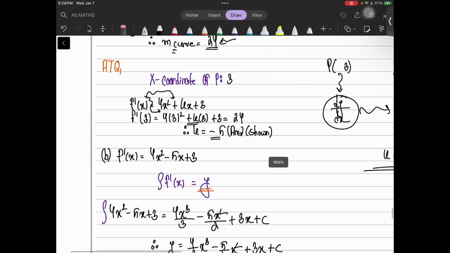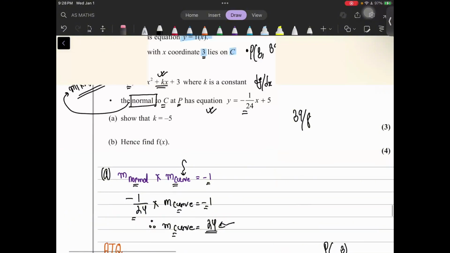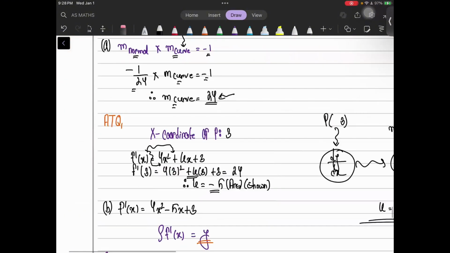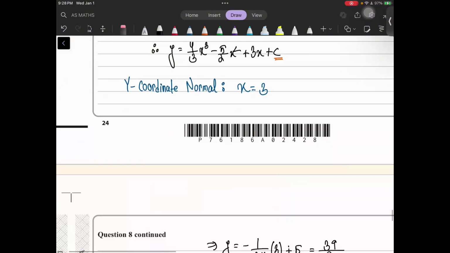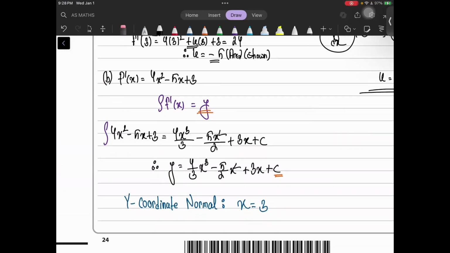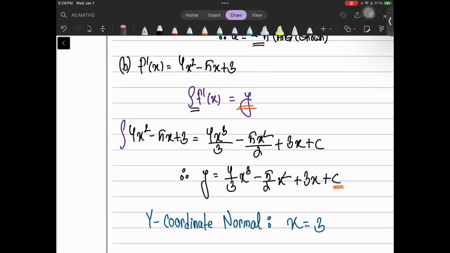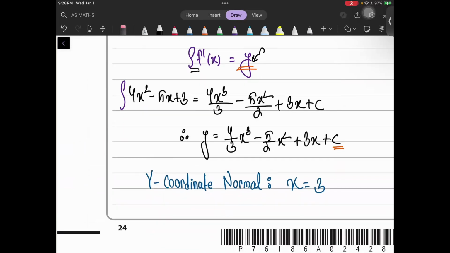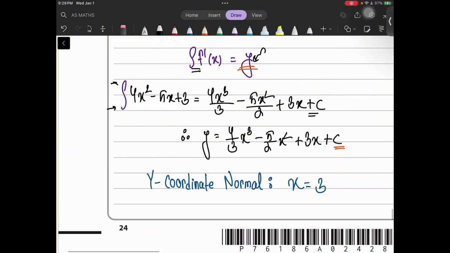Now you said that hence find f of x. To find f of x, you have to integrate the differentiated form of that expression, because once you integrate it you get an equation in terms of y. So this entire differentiated form is integrated and it looks something like this, and as there isn't any limit, you'll be having a constant.